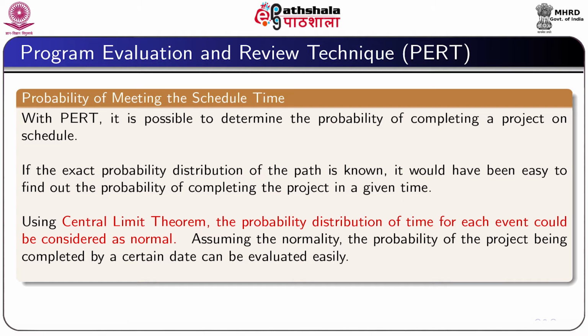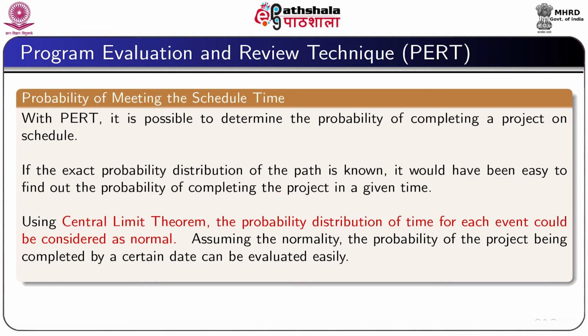With PERT, it is possible to determine the probability of completing a project on schedule. If the exact probability distribution of the path is known, then it would be easy to find out the probability of completion of the project in a given time.